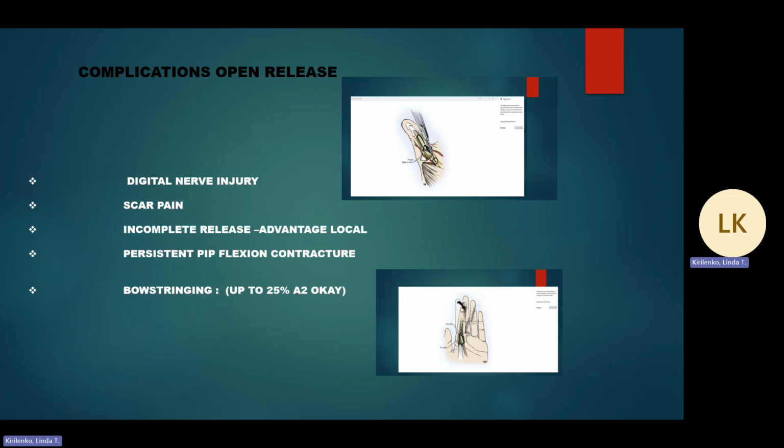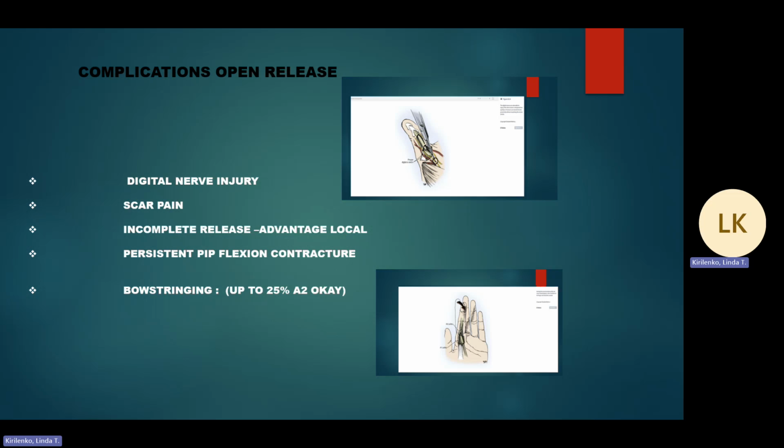Complications of open release: digital nerve injury, scar pain, incomplete release. This is one of the major advantages of the way we do the procedure these days with local anesthesia, because the patient can range the digit for you immediately and confirm complete resolution of the catching.